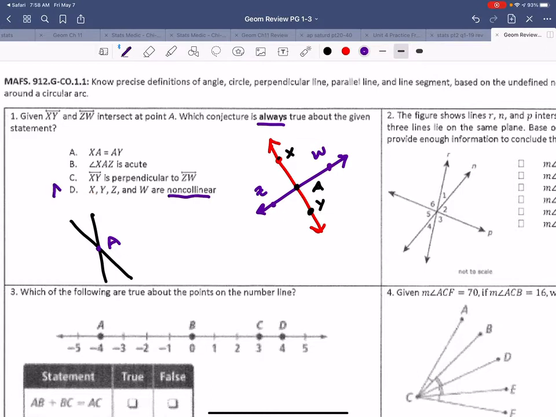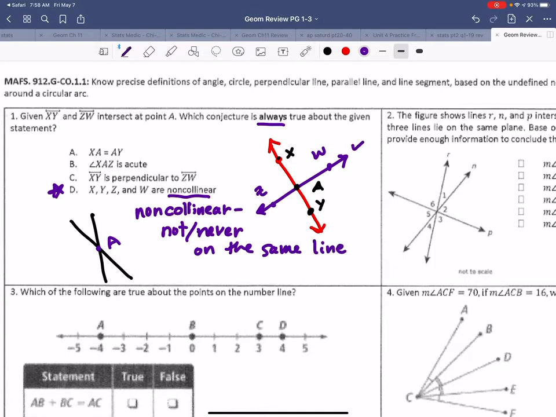So I'm going to pick D. Non-collinear means never on the same line. And so we recognize here, regardless of whether they meet at a 90 or they meet at an acute or an obtuse angle, depending on which angle you're looking at, no matter what, they're not going to be on the same line.